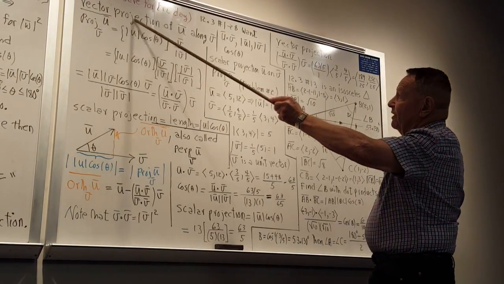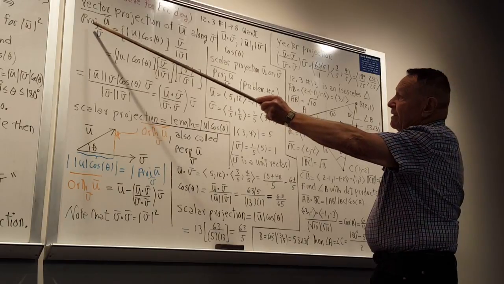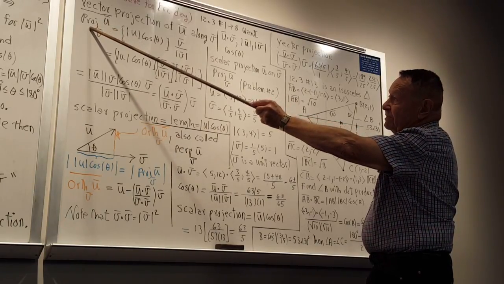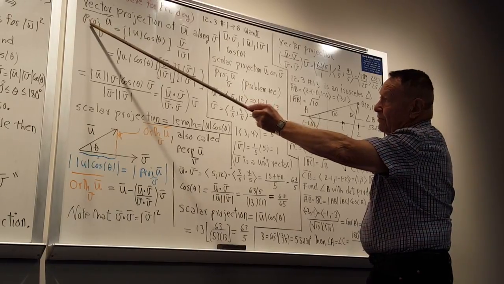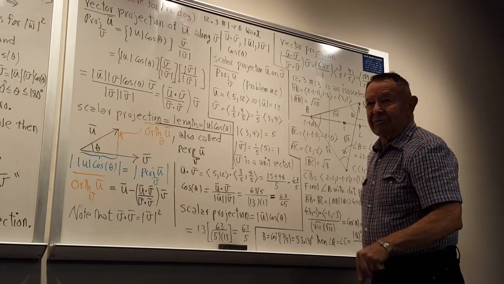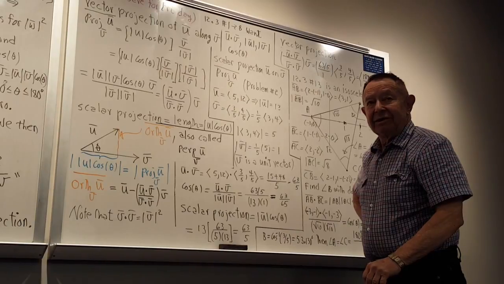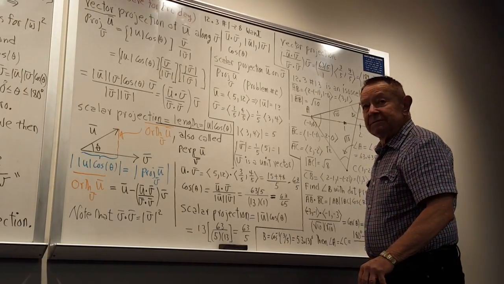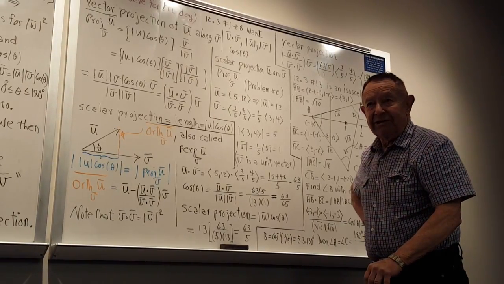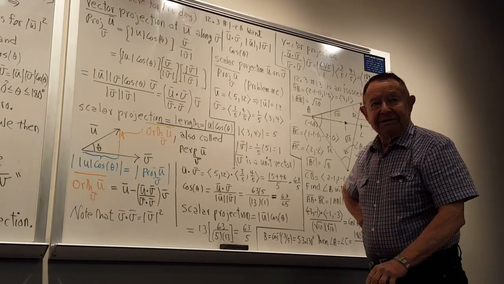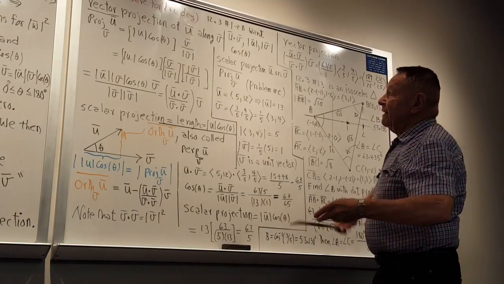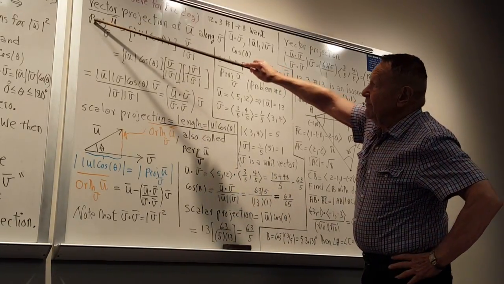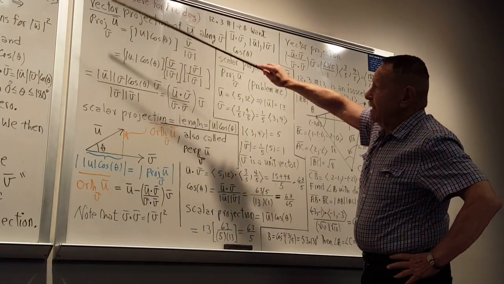So first of all, the vector projection, in the book, the symbolism is like this. They type PROJ. If you have your book with you, take a look there in section 12.3 where we're doing this and see how the book does print it. And you'll see the abbreviation PROJ.